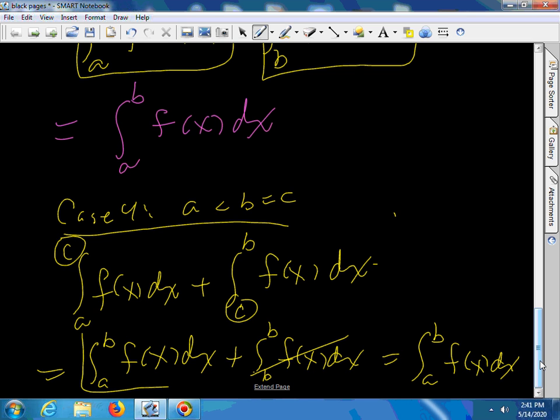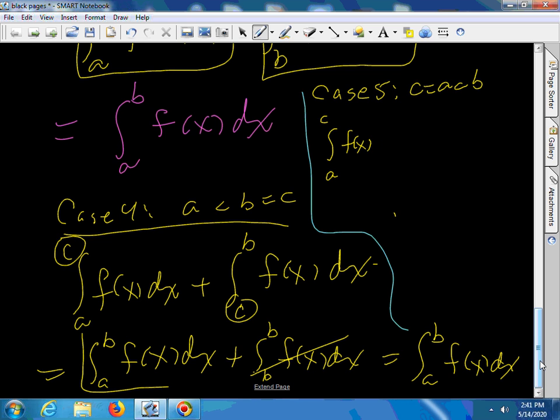Now, possibly I'll have enough room to sneak in case number 5. That's when C is equal to A. Okay, so we have the integral from A to C of f of x dx plus the integral from C to B of f of x dx. This first integral goes from A to A because C is A. That's our assumption.